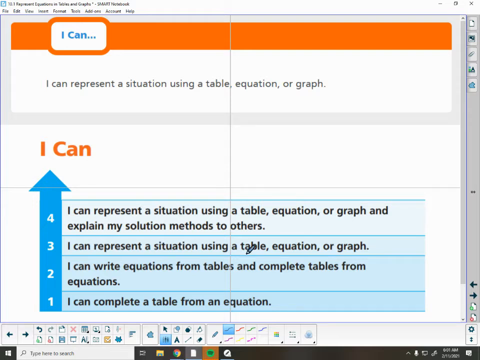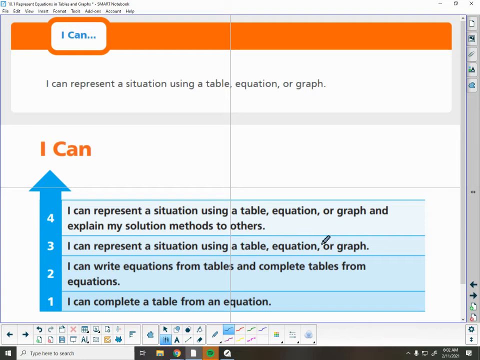If you can use the table, the equation, and the graph, but you're maybe not quite confident in teaching it to somebody else yet, that is just fine. We're just learning. That's a 3. If you can write an equation from tables and graphs that are already filled out, that's a 2. But maybe you can't read the situation and make a table. That would be a 2.